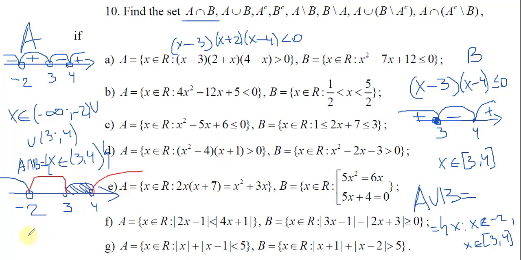So the A complement is x belongs to, now 2 and 3 are included because in A they are not included. Now in the complement it's included from 2 till 3 and from 4 till plus infinity. Infinity is not included, of course.